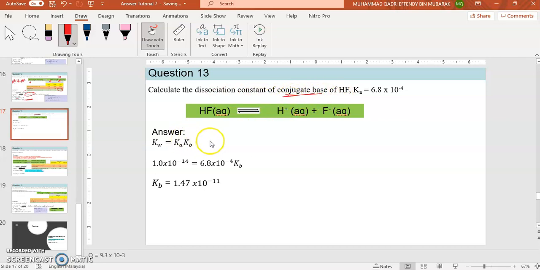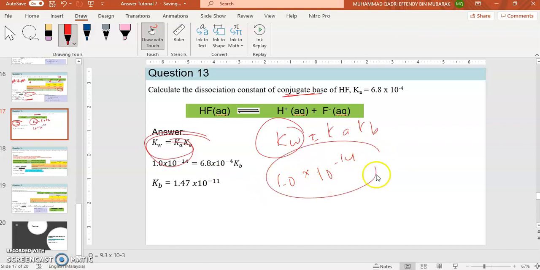Here is the other relationship we need to remember when dealing with acid-base relationships: Kw equals Ka times Kb, where Kw is 1.0 times 10 to the power of negative 14, because the total value of pH and pOH is 14.